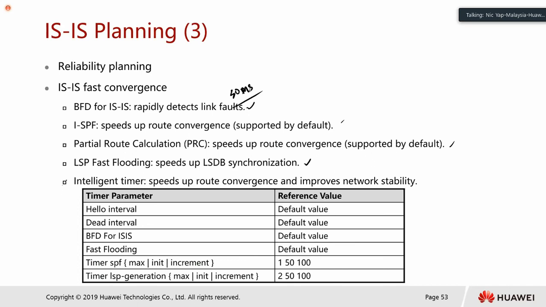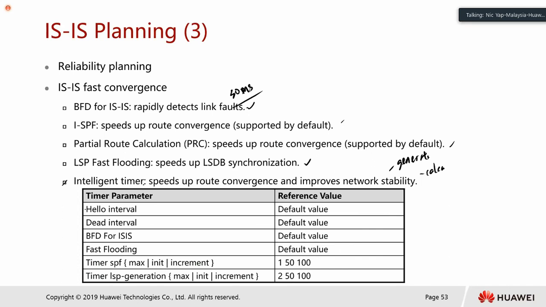For the intelligent timer, there can be 2 intelligent timers. One is for how fast I calculate and one is for how fast I generate, the calculation and the generation of the route. You can enable it on the intelligent timers.